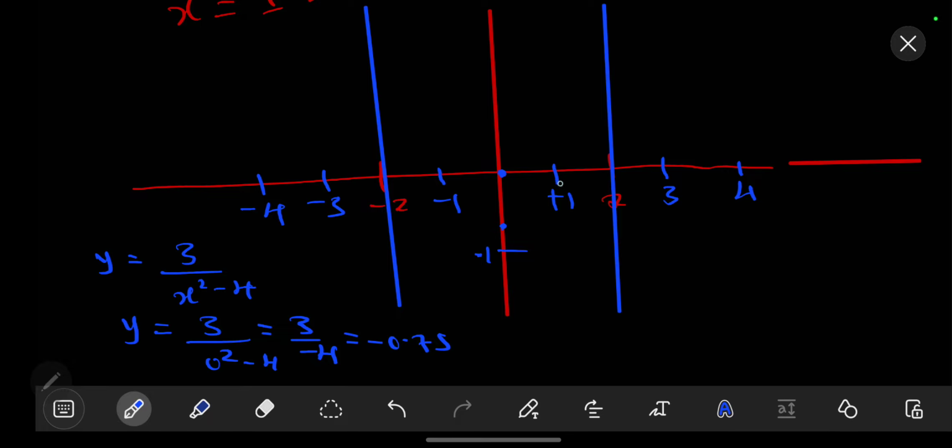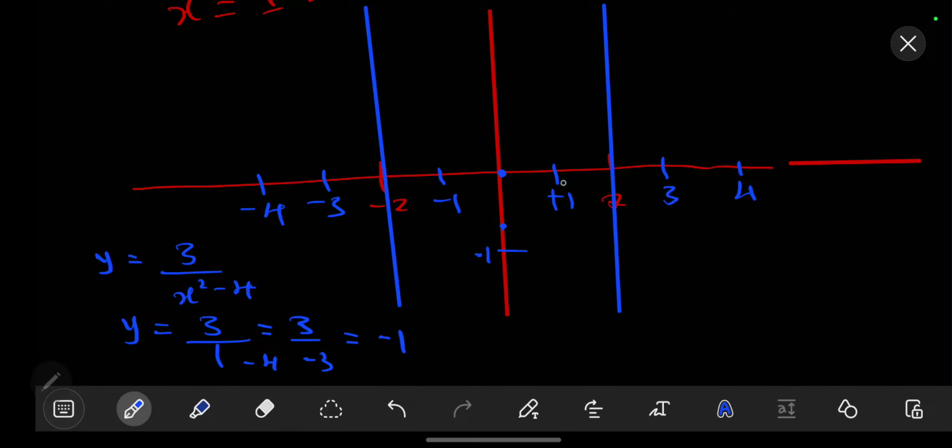Let's go to positive 1. If I put positive 1 there, I'm going to have 1 minus 4, which gives me negative 3, so my final answer is 3 divided by negative 3, which is negative 1.